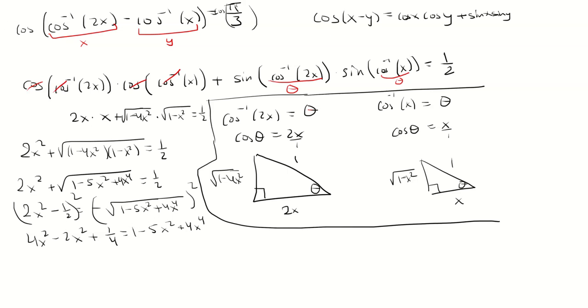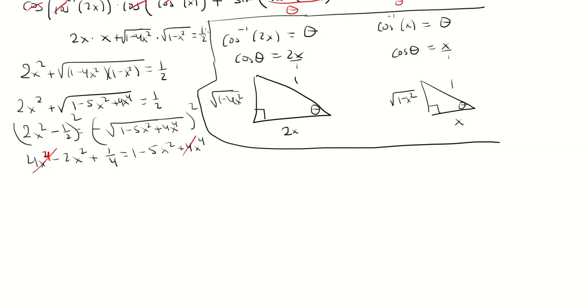Oops, this is supposed to be 4x to the fourth. The 4x to the fourth are going to cancel. Then I'm going to add 5x squared to both sides, subtract 1/4, divide by 3, and then take the square root. When I take the square root, I get two answers, plus or minus 1/2.